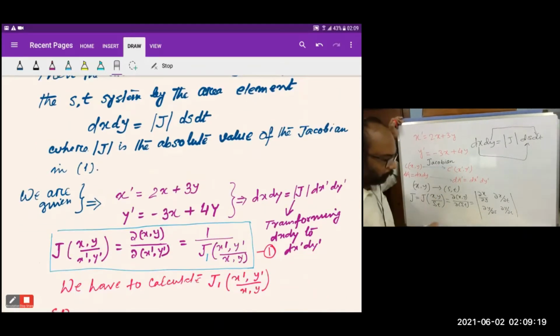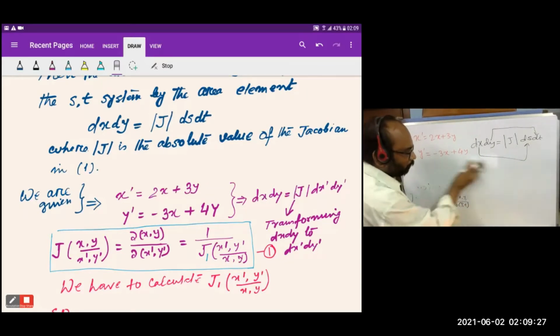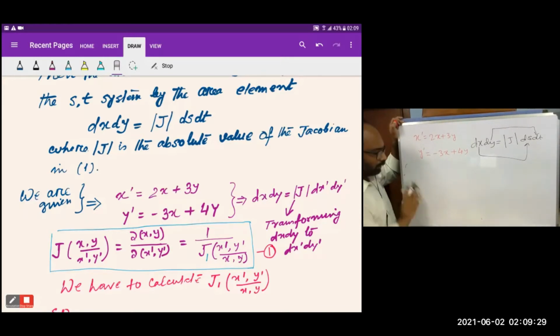So we are given x dash and y dash. So Jacobian is J of xy with respect to x dash y dash, because we are going from x to x dash and y to y dash.